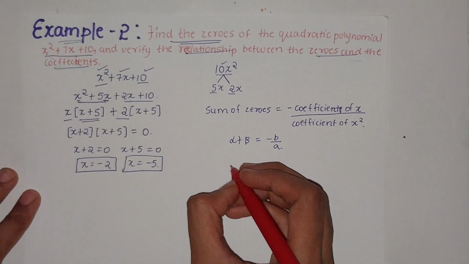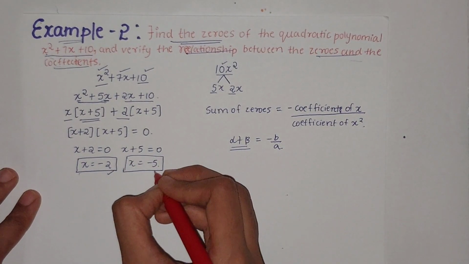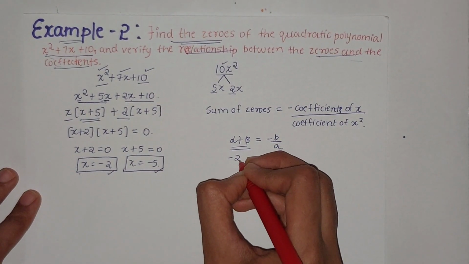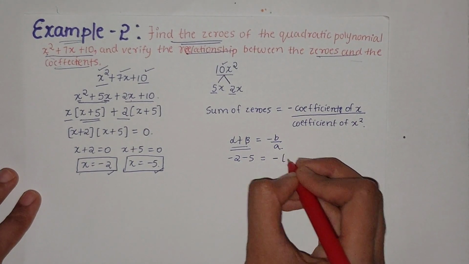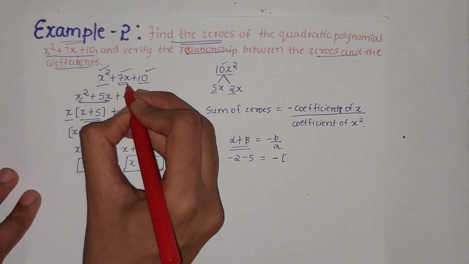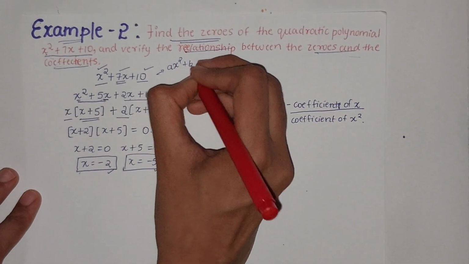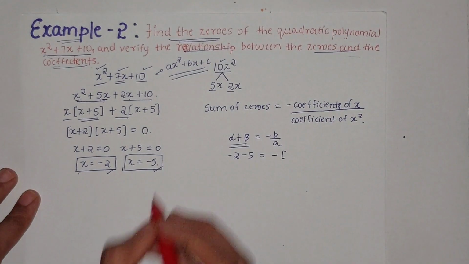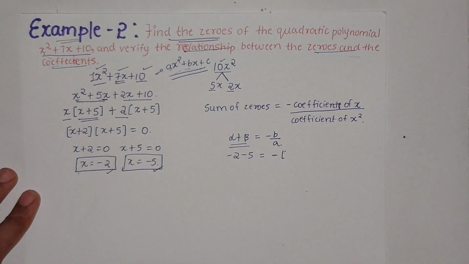Let me do this first. Alpha plus beta, in the sense, this is my alpha and this is my beta. So minus 2 minus 5 is equal to minus of, see, what is my b? It is 7x, right? So this can be written as ax square plus bx plus c. This is the general form. From here, a is 1, b is 7, c is 10, right?